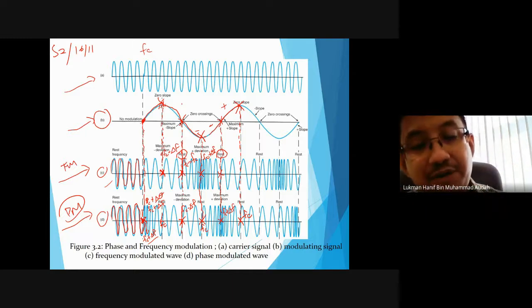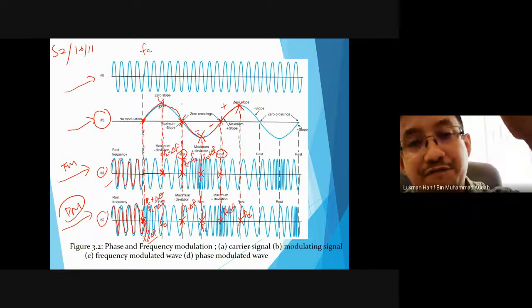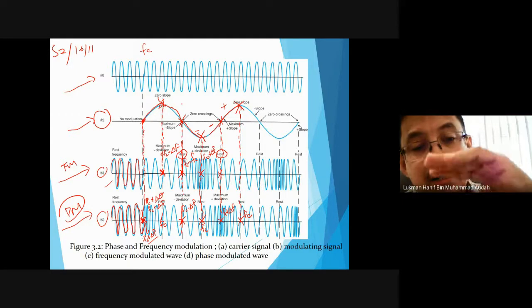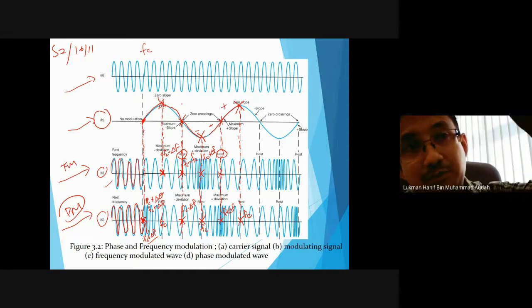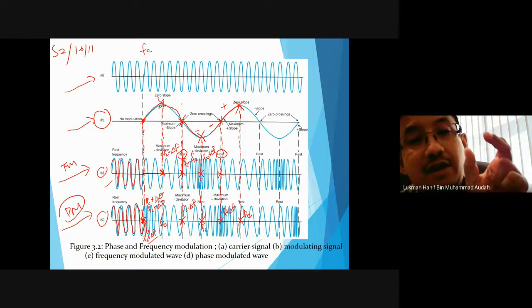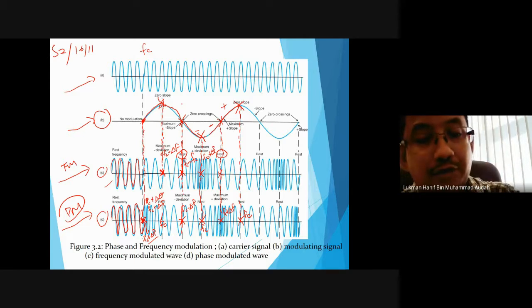For FM, the critical changes happen during the positive and negative peak of VMT. Apabila VMT sampai ke puncak positif atau puncak negatif, maka pada ketika itu berlakunya perubahan yang kritikal, yang ketara pada carrier frequency output.